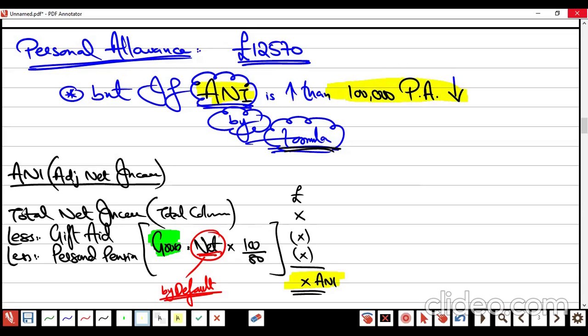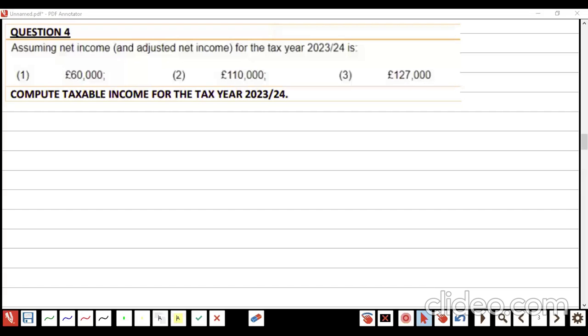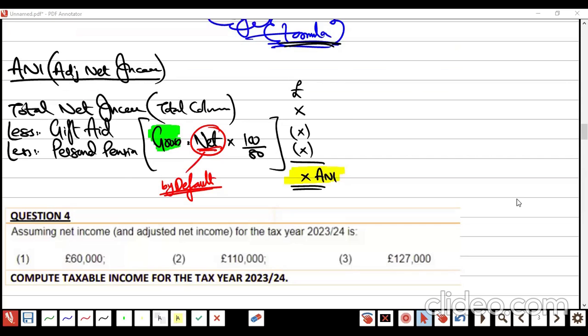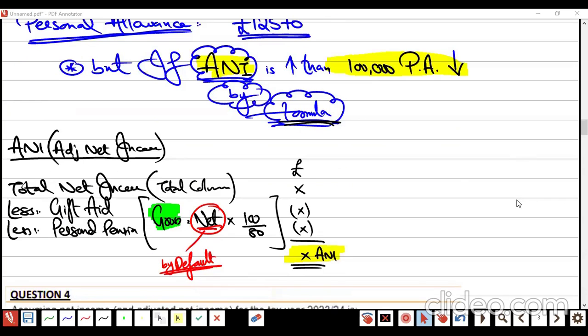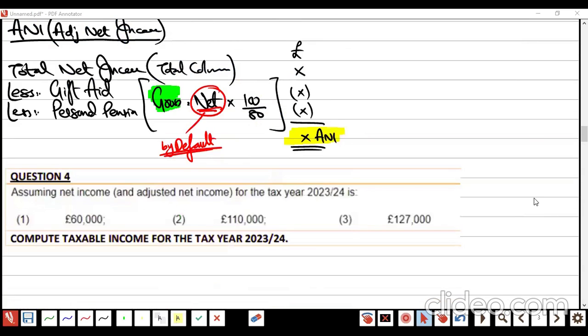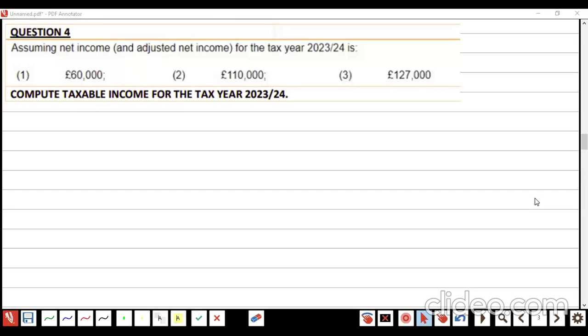How does it reduce? Let me tell you with the help of a question. This question again is from your study hub. This question is by ACCA itself.